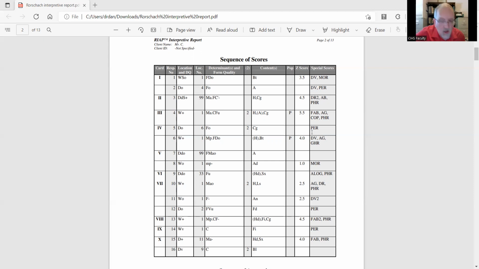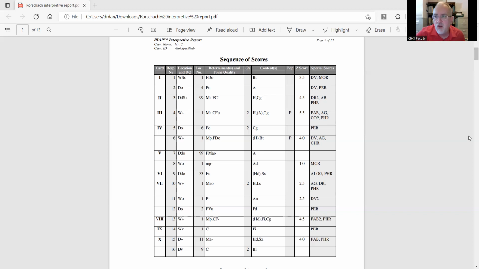But as you can see in there, there's deviant verbalizations, and PER would be personalized answer. A number of these special scores had to do with not what the person said, but how they said it. Using unusual words would be DV.